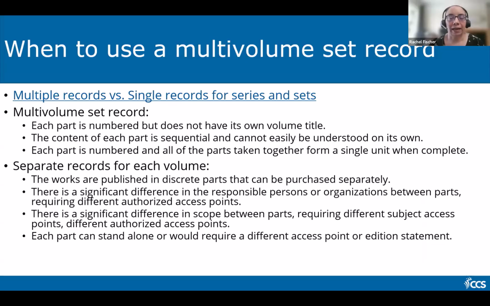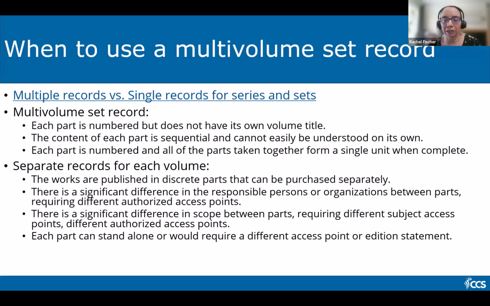Deciding whether to catalog a series as multiple records or as a single record is also important to the consortium to decrease the amount of duplicate records in the database. So I have been getting a lot of complaints lately about records that were not linked to a multi-volume set record that should be. When it's coming from a new library, they've got a lot of deduplication to do.